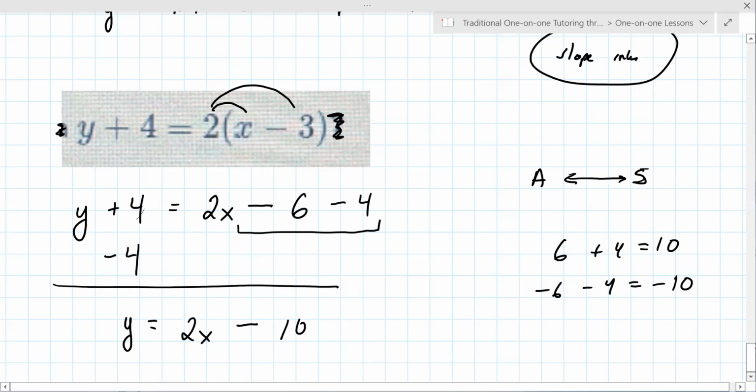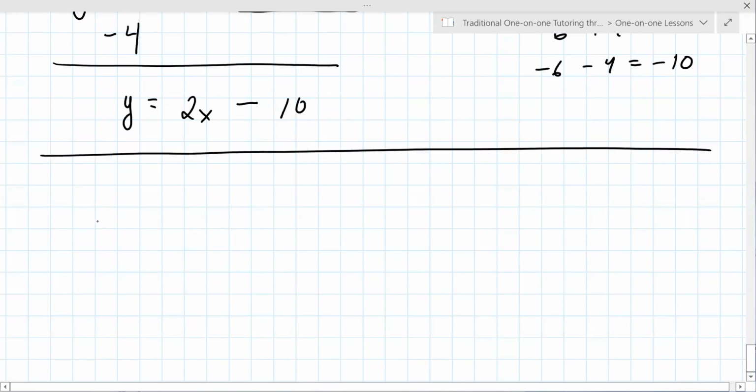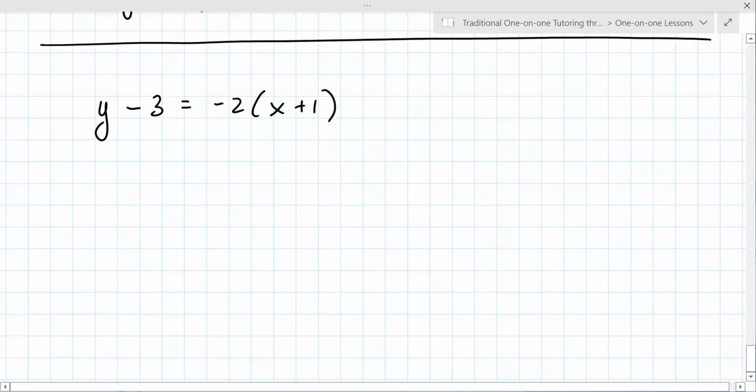So let's look at another problem. We'll do this one together, but this is very important that we get you comfortable with this. So y - 3 equals -2x plus 1. And we're going to do the same thing here. We're going to solve for y. And you correctly told me in the previous problem that the first thing you should do is multiply in. So we're going to take this -2 and multiply in. What does that equal?